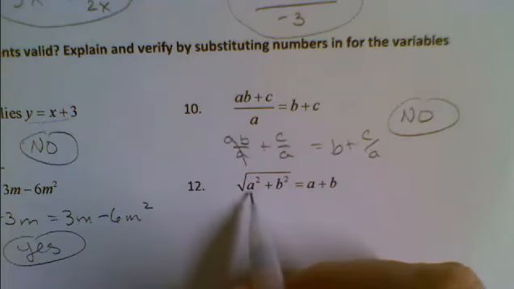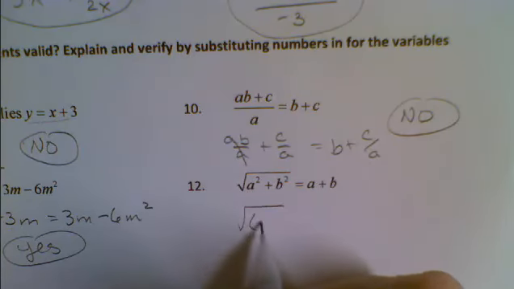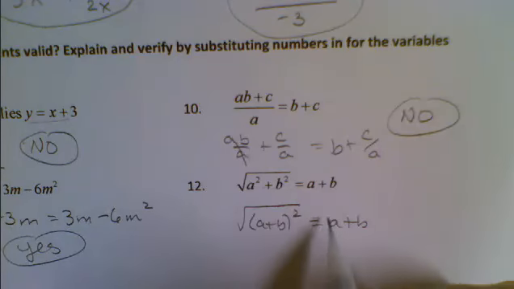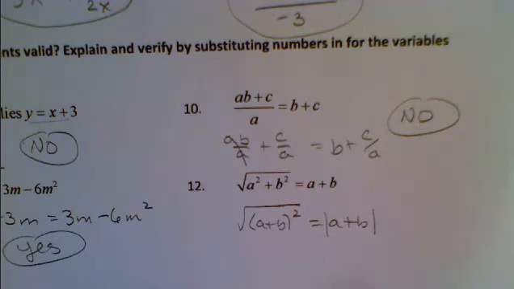And then the last one, a square root of a squared plus b squared. Remember, if it was square root of a plus b quantity squared, I could say that equals a plus b. And technically, it would equal the absolute value of a plus b, because when I take the square root of something, it has to be positive. But that isn't equivalent to this. A plus b, quantity squared, is not a squared plus b squared.